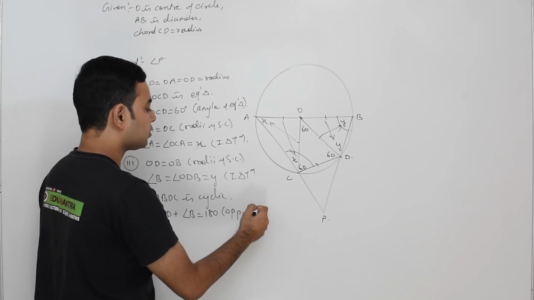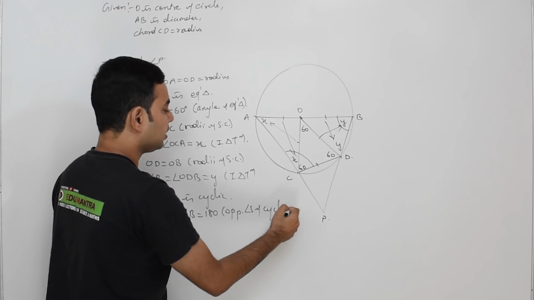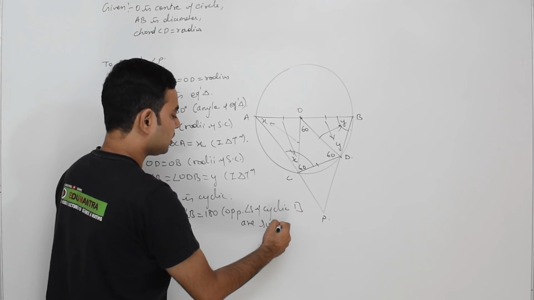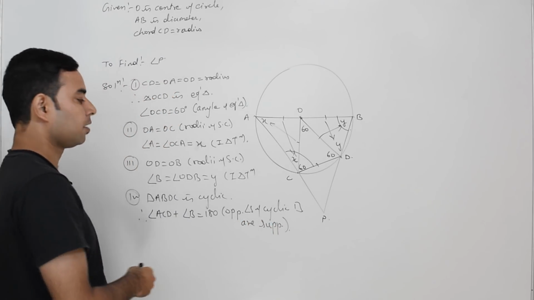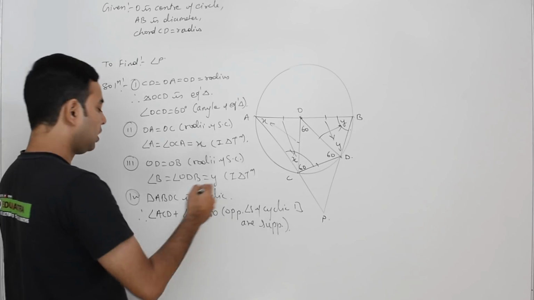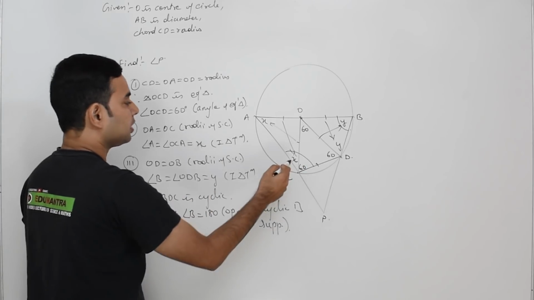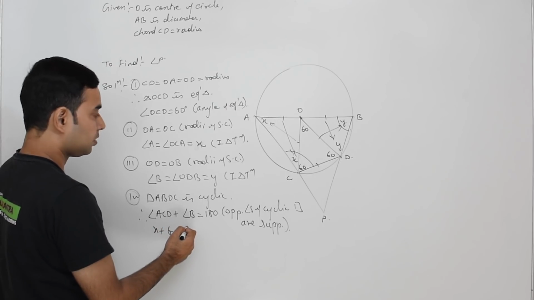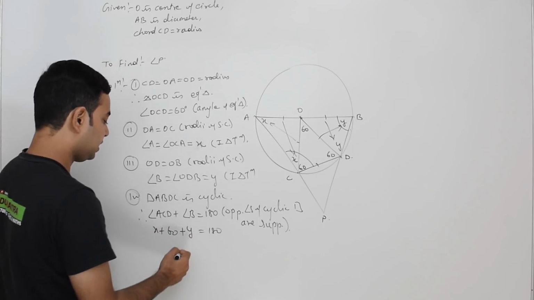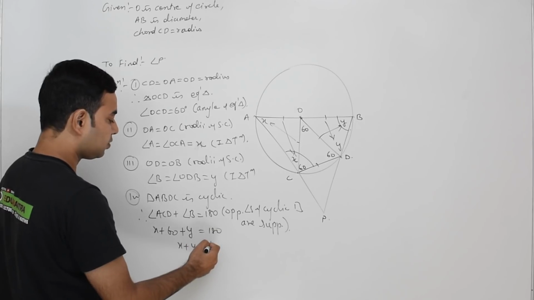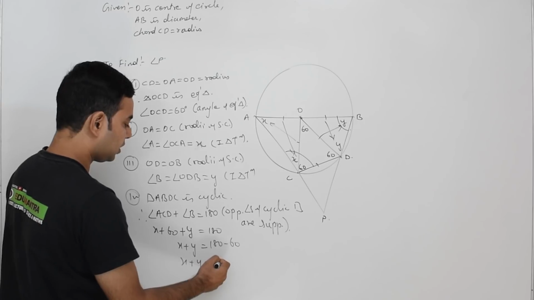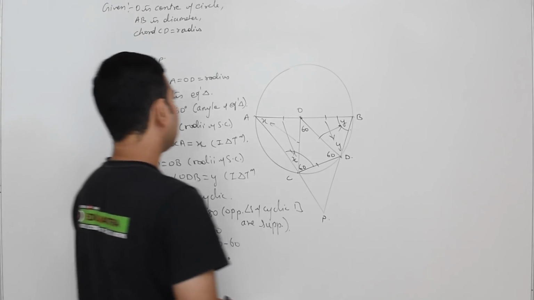Opposite angles of a cyclic quadrilateral are supplementary. ACD is x plus 60, plus y equals 180. It means that x plus y is equal to 180 minus 60. So x plus y equals 120 degrees.